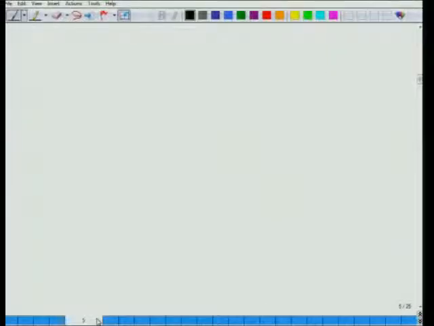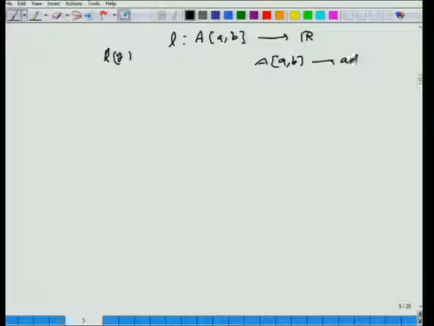So here, given a functional like this, for example L(y), where L is a function from the function space, which we call the admissible function class A on the interval a to b, into R. A is called the admissible class of functions.